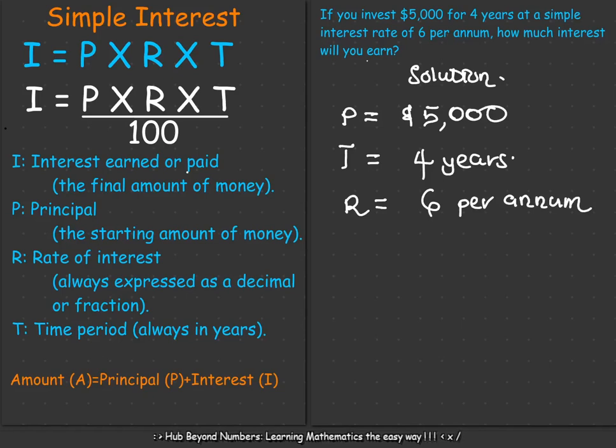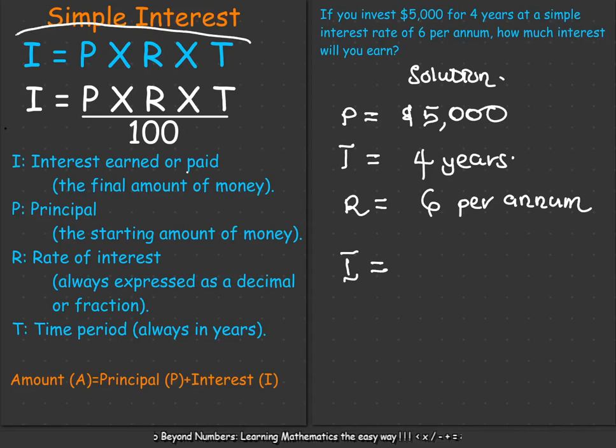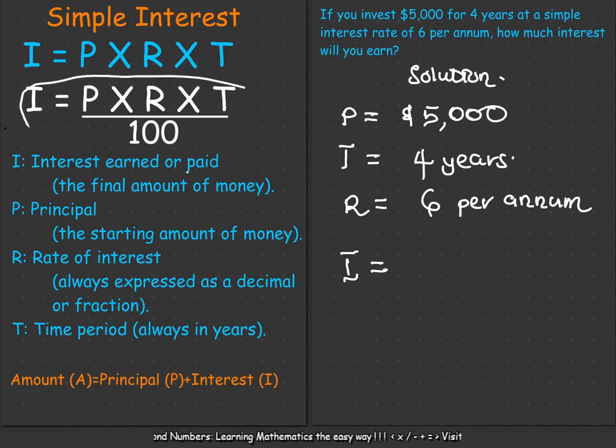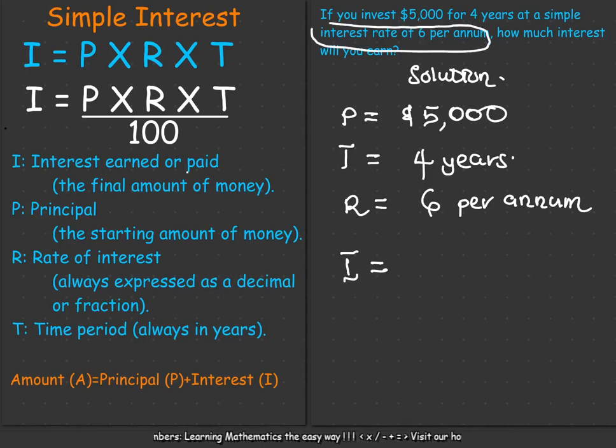Now, how much interest will you earn? So we quote our formula, which says the interest is equal to. The question now is, are we going to use the one with no over 100, or the one with over 100? Take note, you'd always use this one if the rate wasn't given to you as a decimal. Here, the rate was given to us as a whole number, so we would use this one.